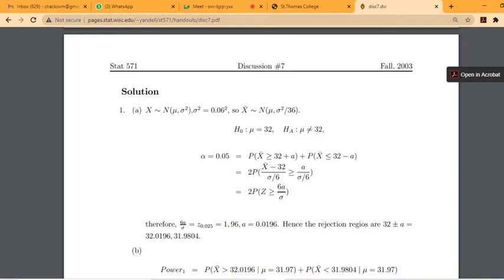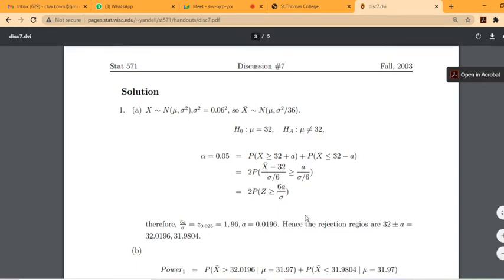I think you might have studied the distribution of x bar in the last semester. That is, x bar follows N(mu, sigma square by n). Since n is equal to 36, we can write x bar follows N(mu, sigma square by 36).